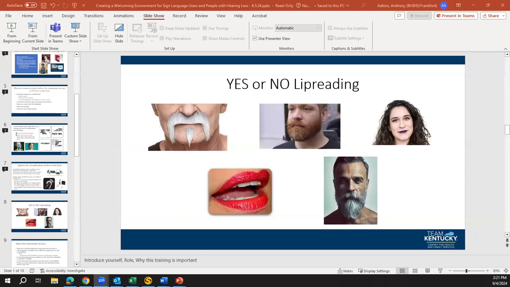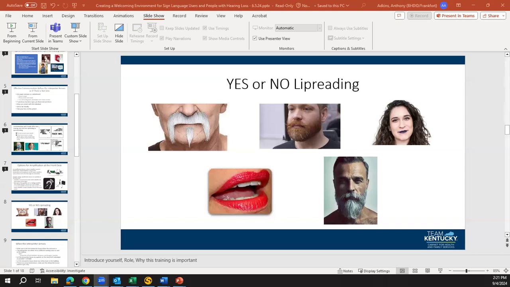Okay, some are saying no, some are saying yes. This color really is more distracting than it is helpful. It's like the next one on the bottom left with the bright red lipstick. It's almost just too bright red. Some people say, no, that's the kind that I want to see. But honestly, for most people, it could be more of a distraction than a help.